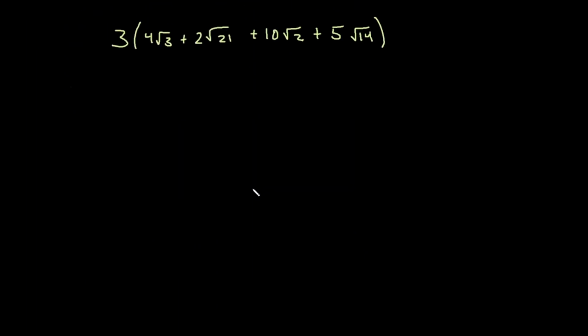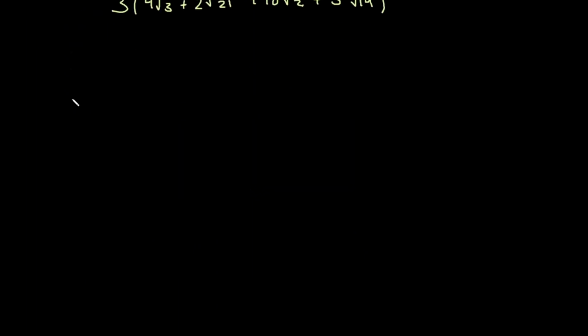Now, let's look at dividing radicals. Before we go into dividing radicals, let's look at a quick example. You might have seen an equation like this, where you're asked to simplify.